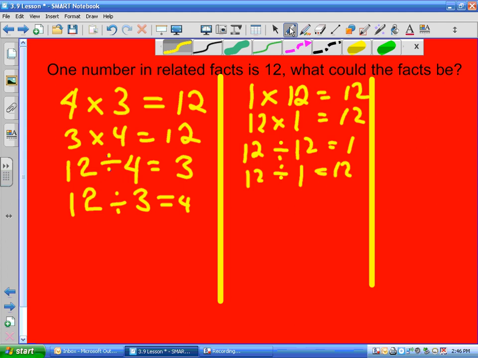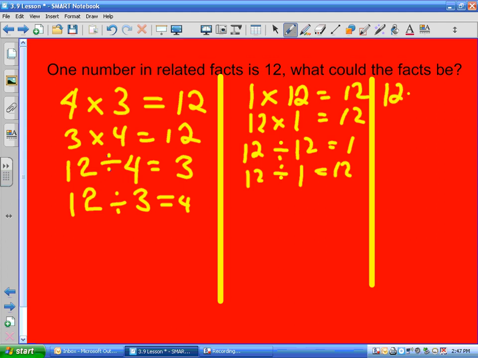Can we do 12 divided by 2? Yes. So Tiana says 12 divided by 2 equals 6. So what's another one, Tiana? 2 times what equals 12?